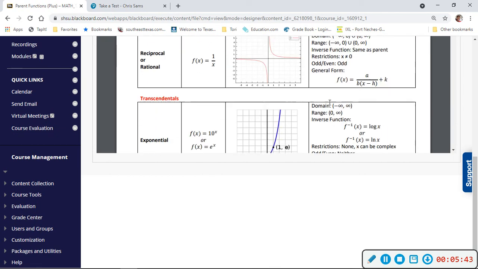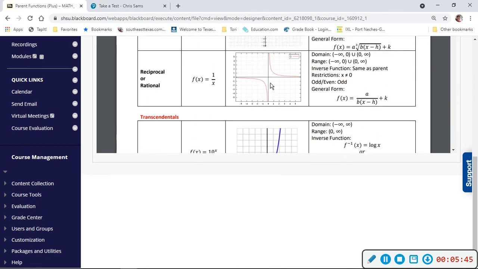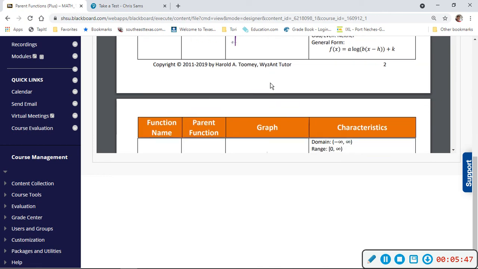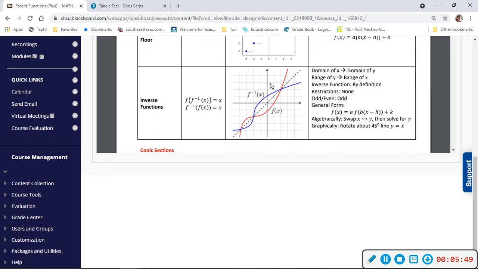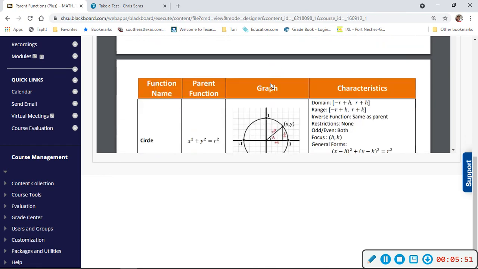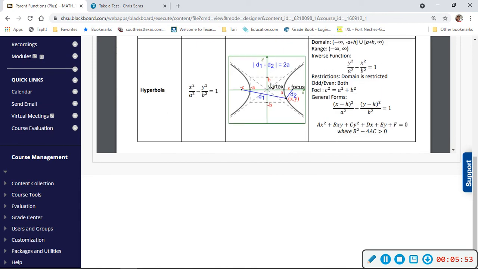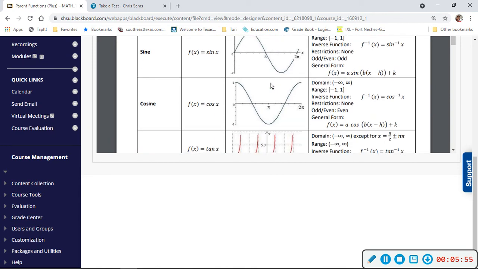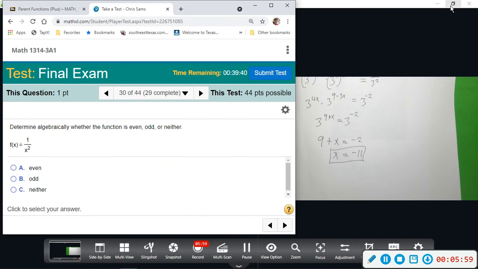We got 1 over x. It'd be nice if we could see the graph. Okay, don't see it on the graph. So let me go back and show you how to actually evaluate it.